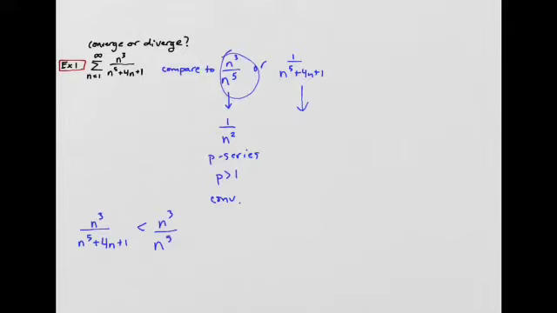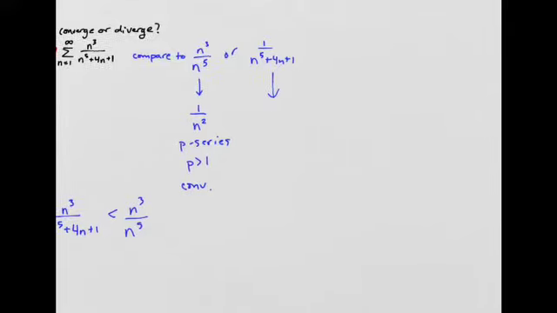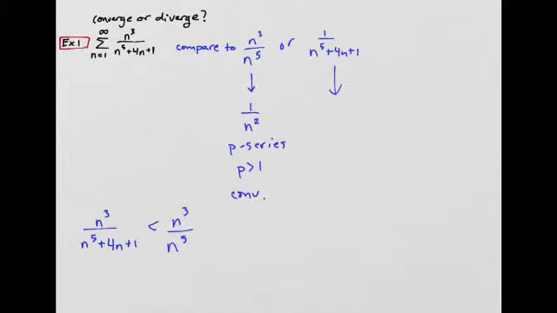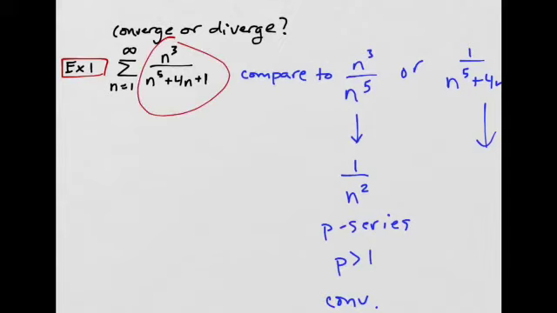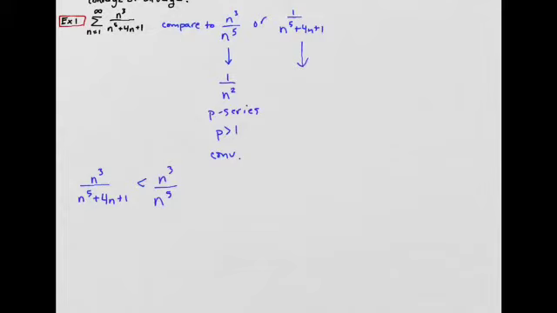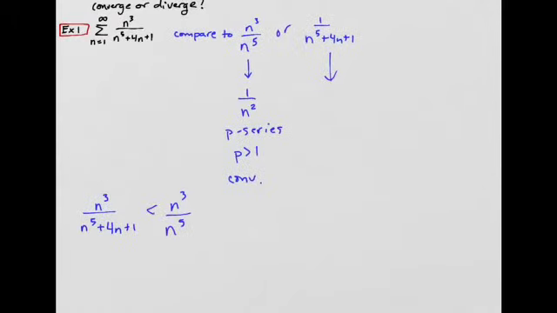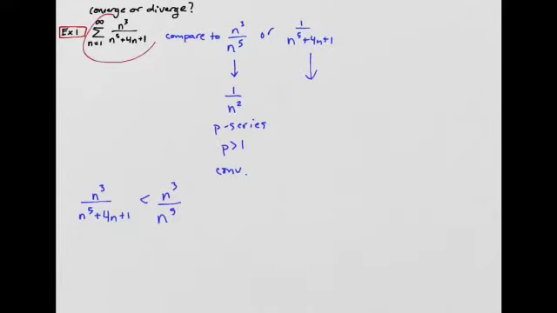This one's my bigger series. And it converges. Great. Remember, if the big one converges, then the small one, no matter what, always has to converge. And we just need to make sure that the one on the top is always greater than 0, but of course it is, because you're only plugging in positive numbers. We don't have any negatives there. So, great. That's the comparison test is done. Because this converges, this must converge.